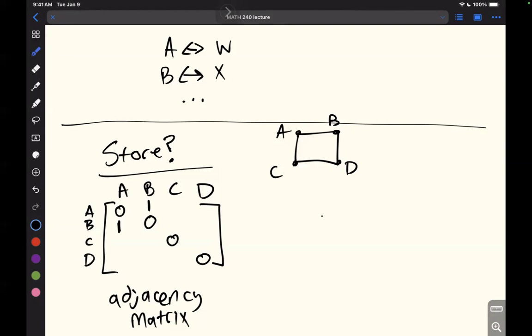There is an edge between B and D. There is an edge between D and C. So C and D. Then there is an edge between C and A. So those spots get 1, everything else gets 0. Because there's no edge there.